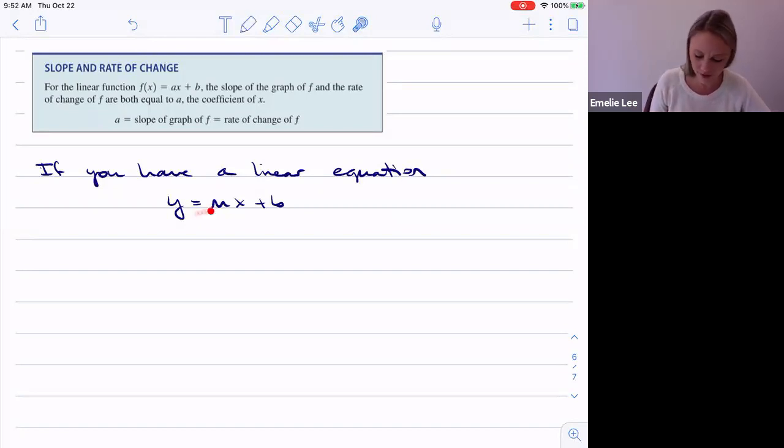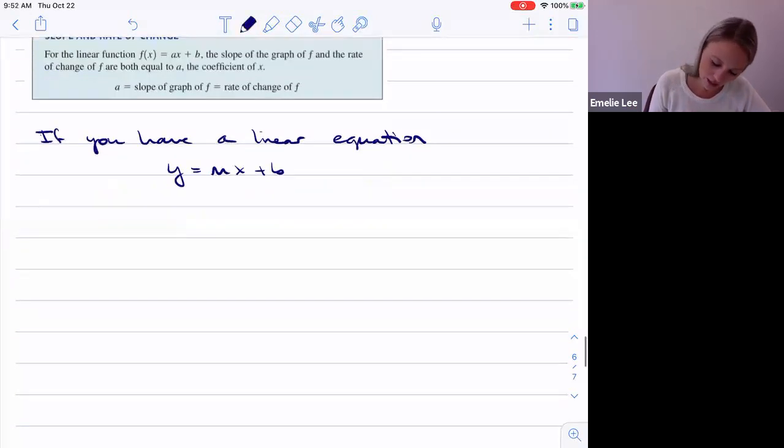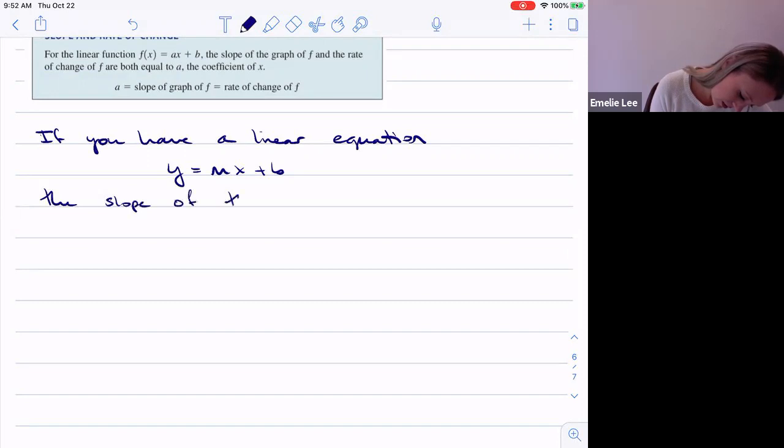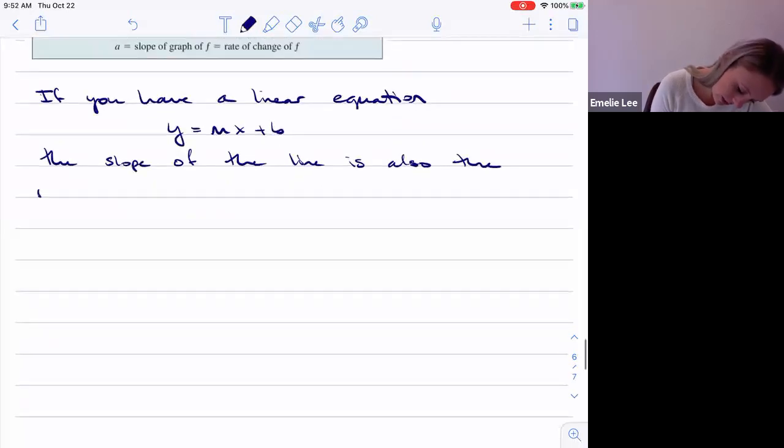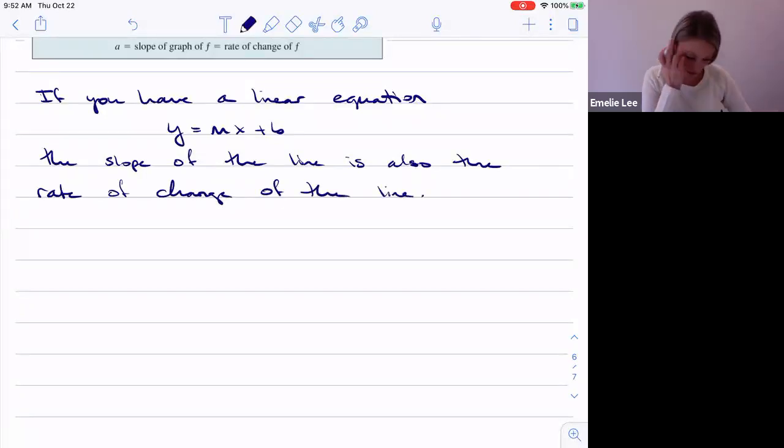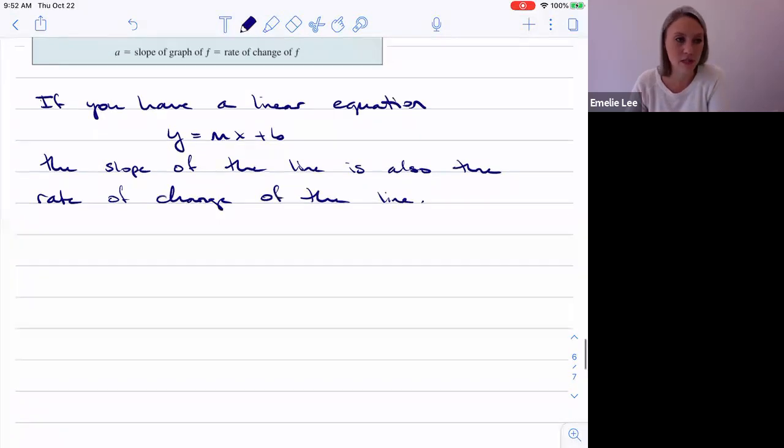So if you're able to rearrange it into something like this, then if you have a linear equation y equals mx plus b, the slope of the line is also the rate of change of the line. So nothing too crazy here.